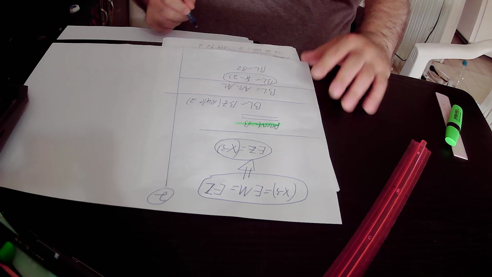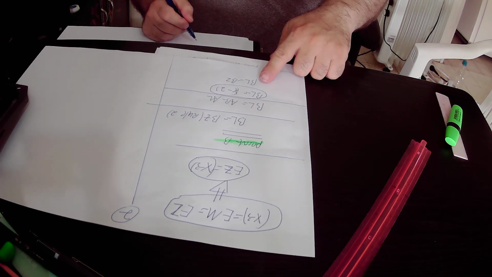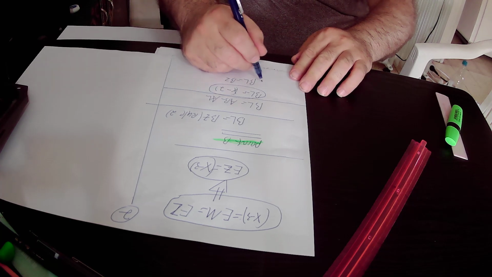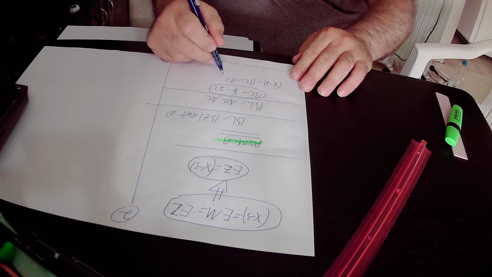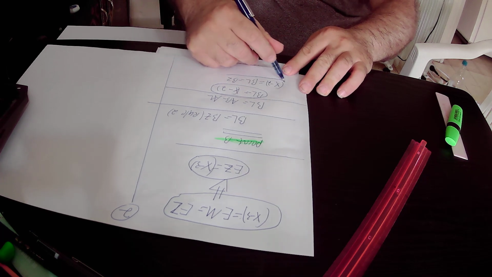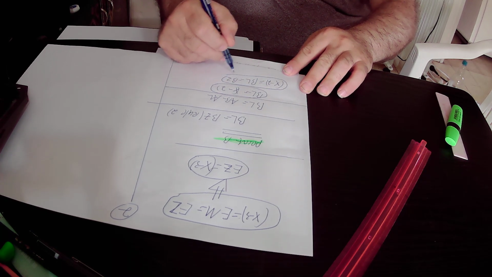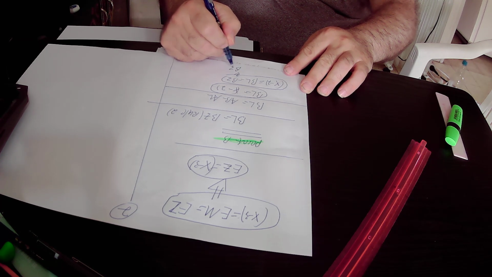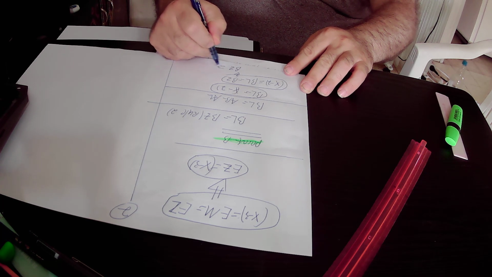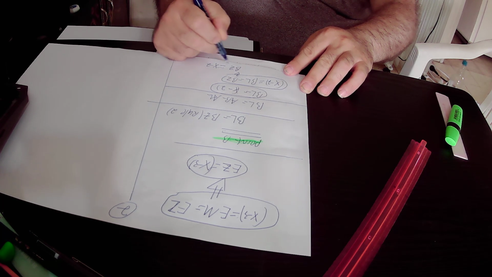And according to what we have just found out, BL equals x minus 2. And from this equation, x minus 2 equals BL equals BZ, we will derive that BZ is also equal to x minus 2. BZ equals x minus 2.